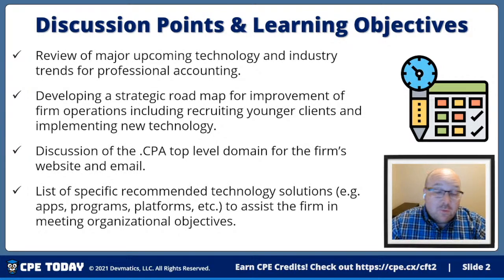Whether you're a small firm or a big firm, there are plenty of ways that you can improve. We're going to be looking at, for example, some newer apps and technologies for managing client engagement in terms of how you can communicate more effectively with your clients through things like a client portal and more. We'll talk about some of the newer hardware you might want to consider, for example, some newer scanner technologies, productivity software that's out there.